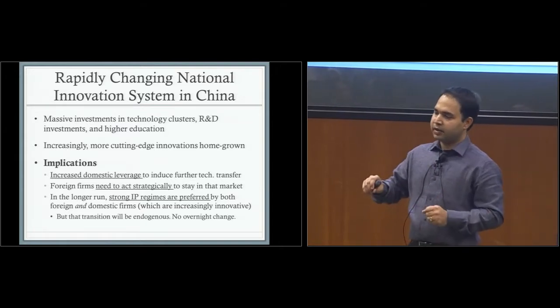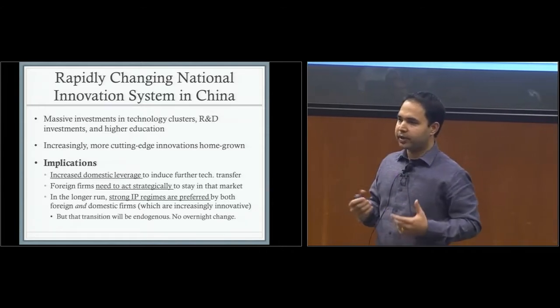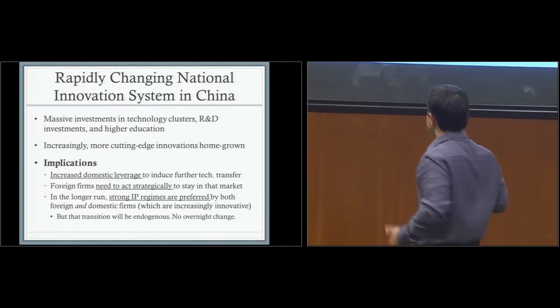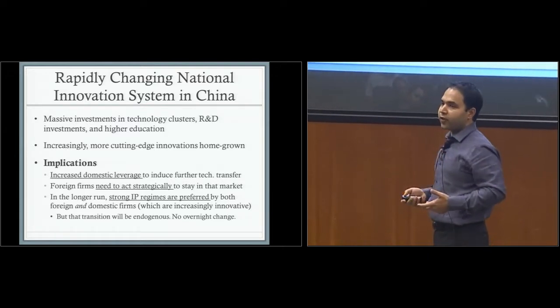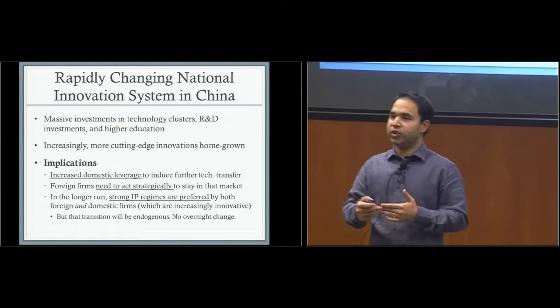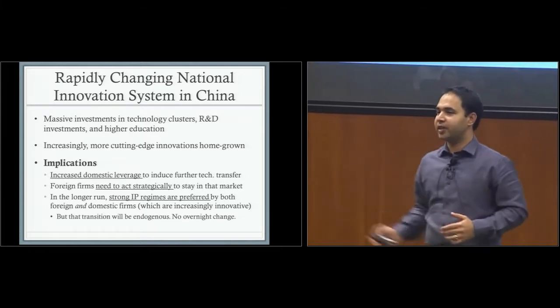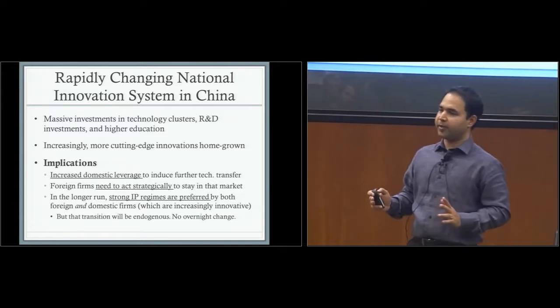And there is some hand twisting that goes around here, but also some basic R&D and a lot of money and coordination that plays in. And what it ends up being is increased domestic leverage, and the implication for foreign firms is that they have to act today to strategically engage in that market. Otherwise, they may not even be in the market 10 years from now. Absolutely. Because the domestic firms are coming, basically.